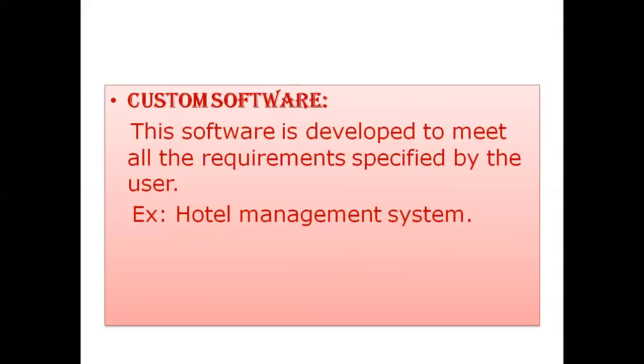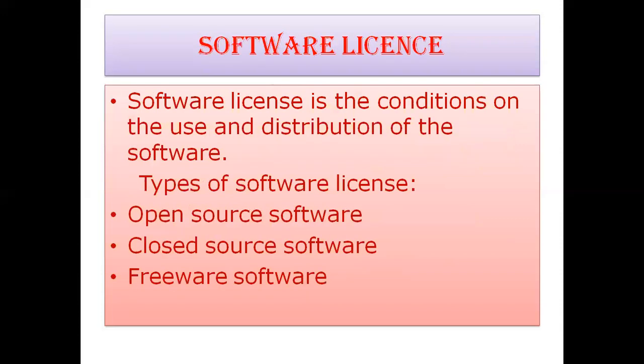Okay. Next, software license. License means what? Conditions. Like that only, software also will be having a particular license with certain conditions on the use of that particular software. There are three types of software: open source software, closed source software, and freeware software.